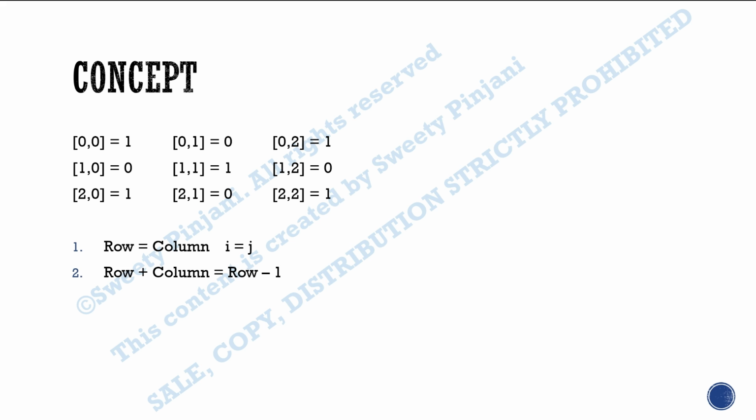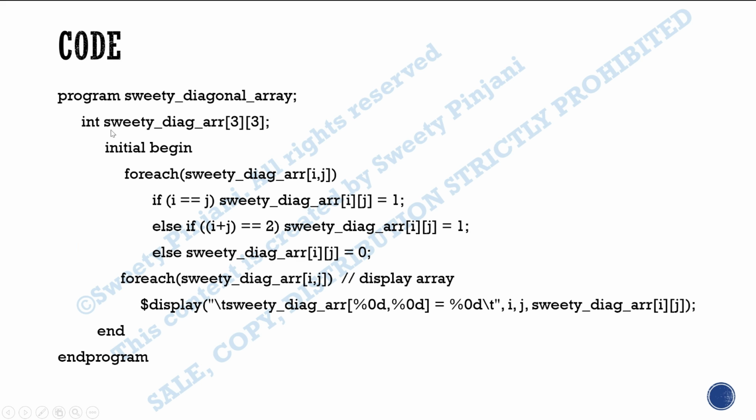In my case, row plus column should be the number of rows minus 1. This becomes my generic equation. I hope you understood the concept. Now we will go to the coding.